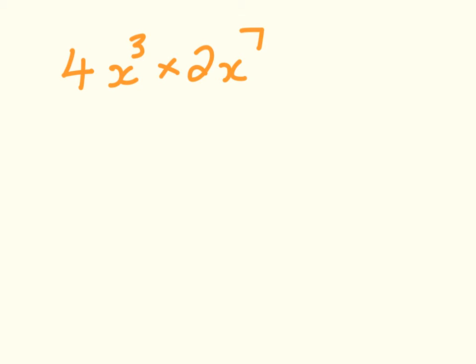And because it's a times sum, 4 times 2 would give us 8. So that's taking the 4 here and the 2 here and timesing them together. And then we look at the powers, 3 and 7. Because it's a times sum, we're going to add those, and 3 add 7 is 10. So treat the numbers in the front as a times, add the powers.